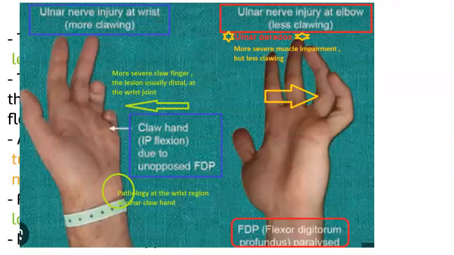On the left-hand side, the ulnar nerve injury at the wrist causes more clawing. There will be more severe claw fingers. The lesion is usually distal at the wrist joint or Guyon canal. The prominence of the claw fingers or interphalangeal flexion is due to unopposed flexor digitorum profundus.